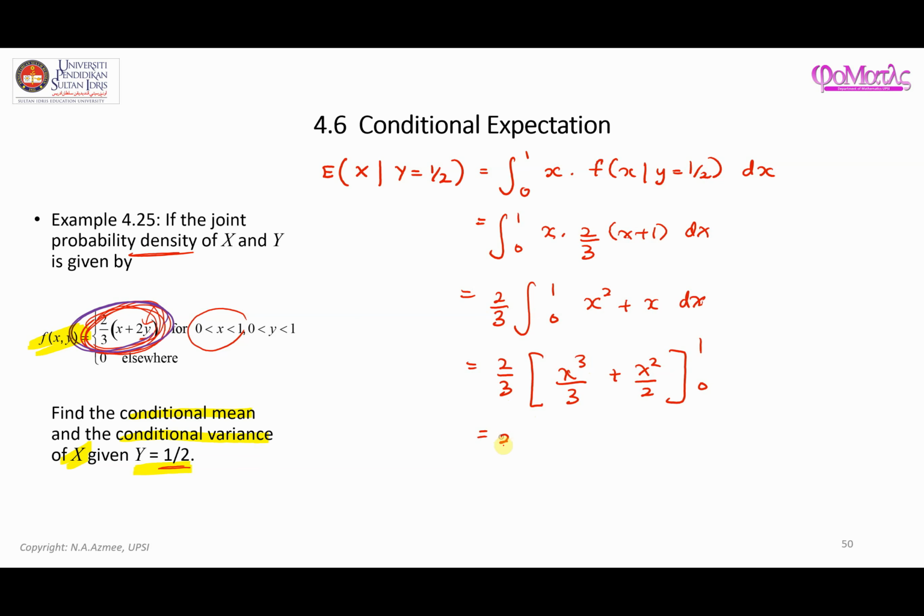Substitute the limits, you will get 1 over 3 plus 1 over 2, which is equal to 5 over 9. So that's the conditional mean. This one is done.